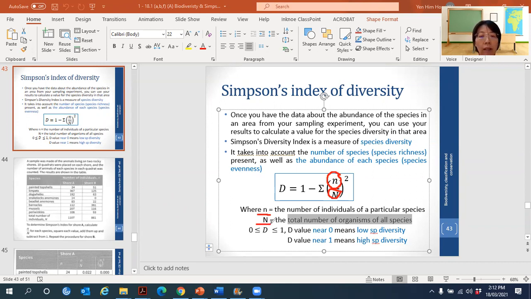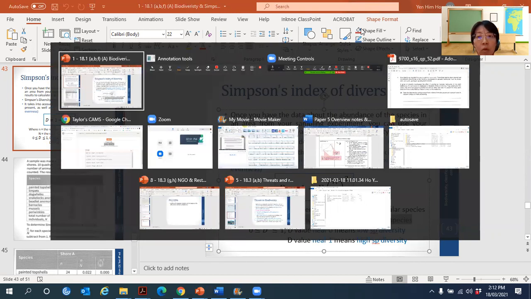So you need to write these two variables in order to calculate the Simpson's Index of Diversity. You need to know the components of a formula that you have learned in your syllabus.